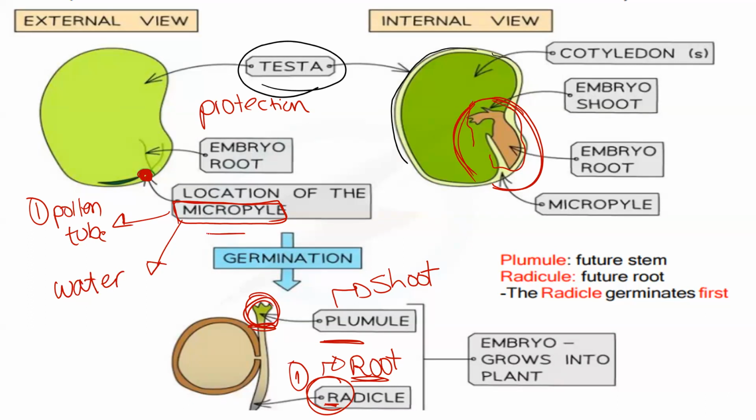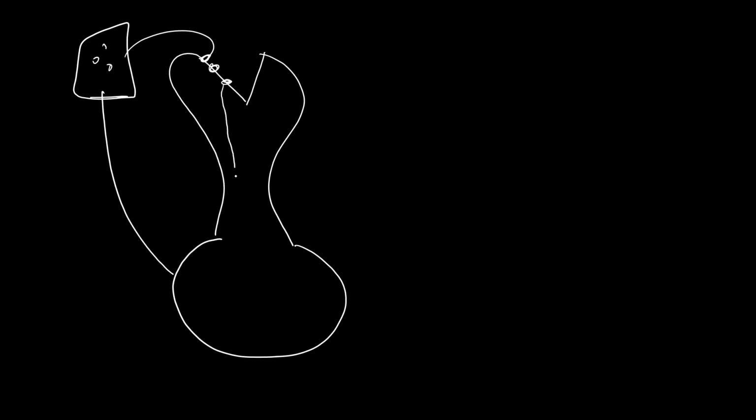So when will you mention the micropyle first? When you're talking about the pollen tube. Let's go back to my flower. I'm repeating several times here so that you don't lose track. This is the female part. This is the filament. This is the anther. The pollen will fall on the stigma either by the wind or by the insects, and then the pollen will germinate into a pollen tube.